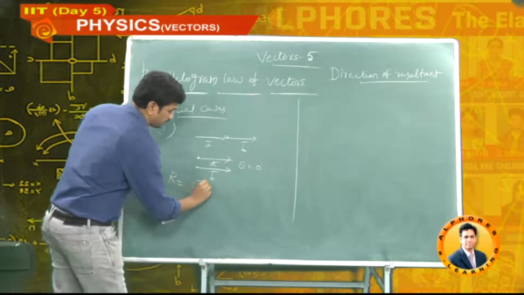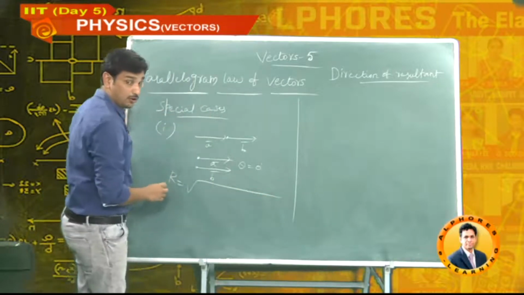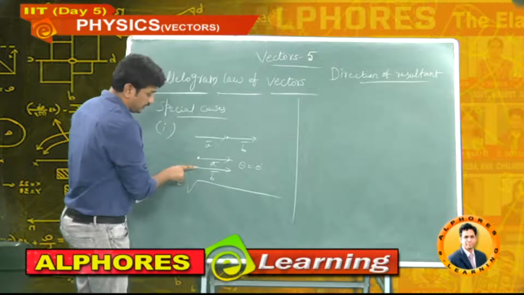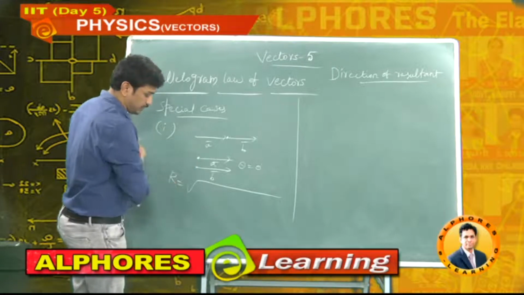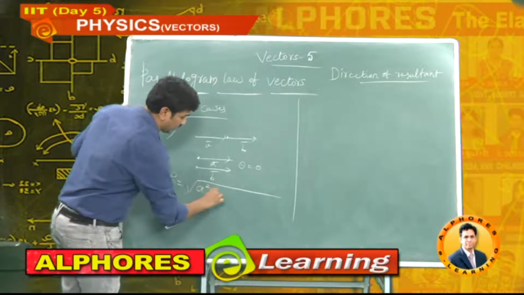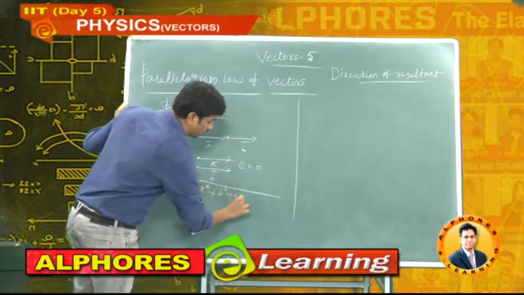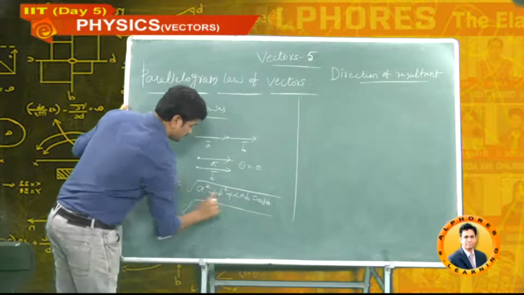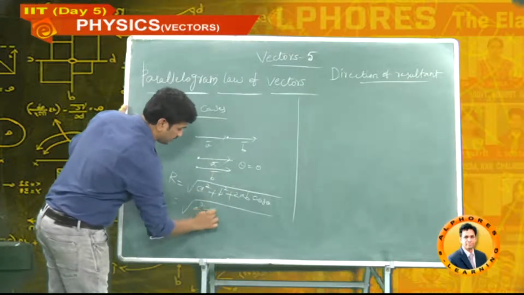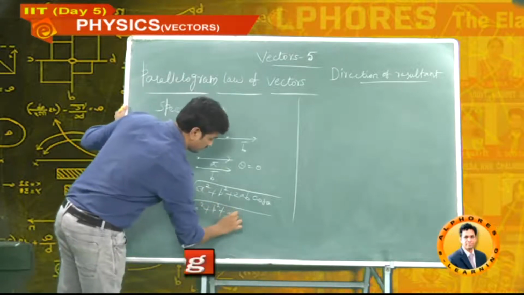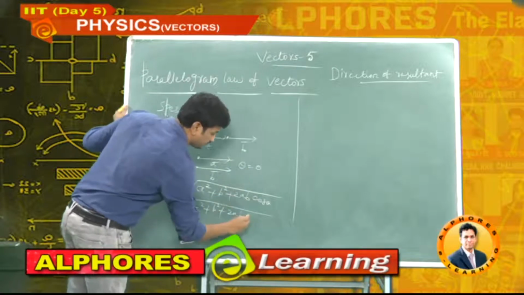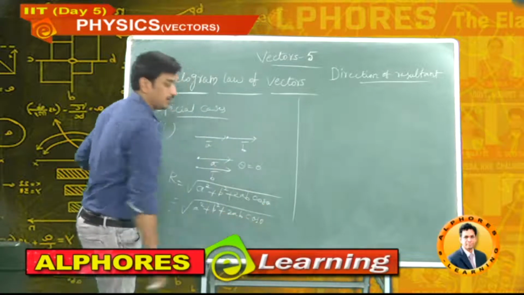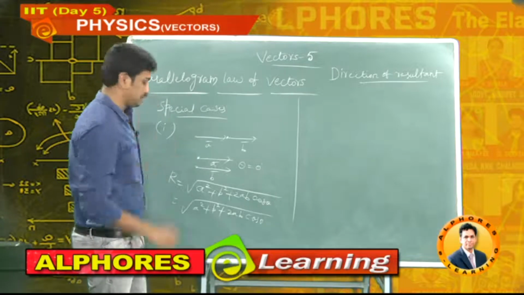R equal to, that's the formula of the parallelogram law of vectors. Resultant of two vectors magnitude is R, that is the square root of A square plus B square plus 2AB cos theta. A square plus B square plus 2AB cos 0. What is the value of cos 0? Cos 0 is 1.